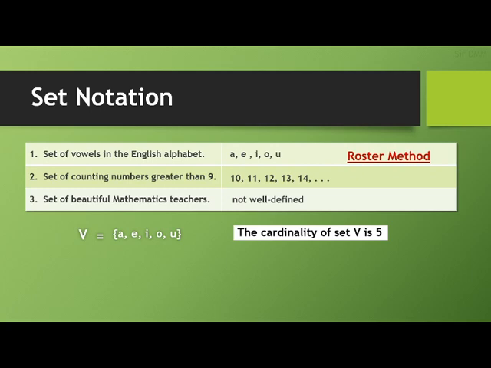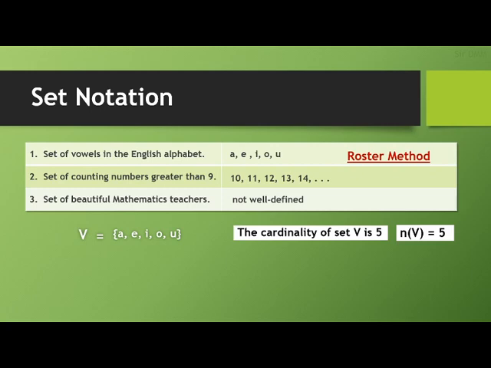So in this case, we have 5 elements, A, E, I, O, U. In symbol, we write n(V) = 5. n means number of elements or the cardinality. V is the name of the set, equals 5.